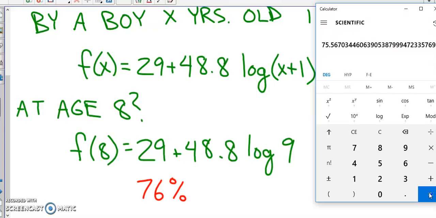what do they use to measure earthquake intensity? Not like the device, but what do they quote earthquake intensity on? Like this is the magnitude, which is on the Richter scale, right? The Richter scale is actually logarithmic.